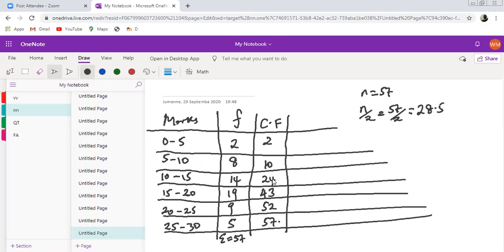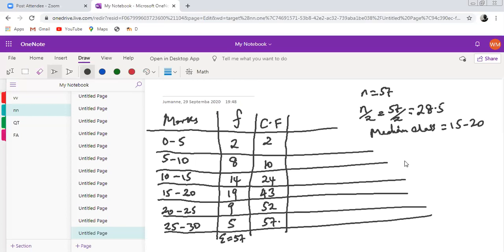You cannot take the lesser number, you take the number that is bigger, because in 24 we have not yet reached 28, so it must be here. So 15 to 20 is our median class.